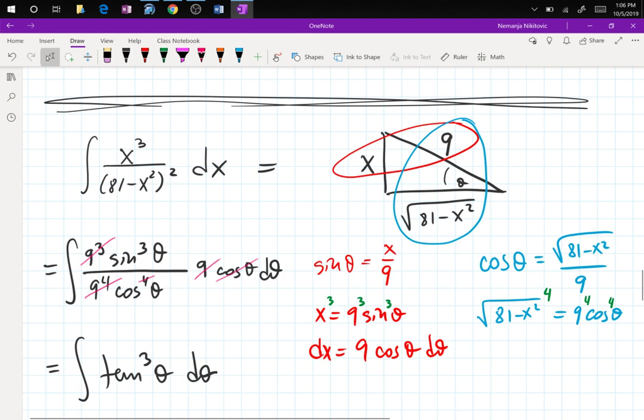I separate it always in blue and red because color coding is easier to see with the picture where it came from. And then obviously the easiest part is to bring everything back to x at the end, because you have the triangle and whatever trig function you have, you will just read it off of the picture.